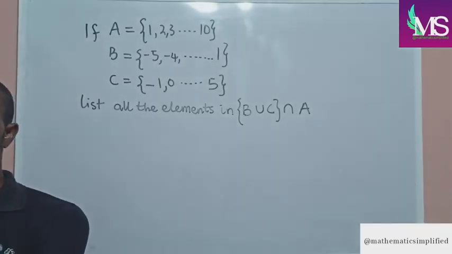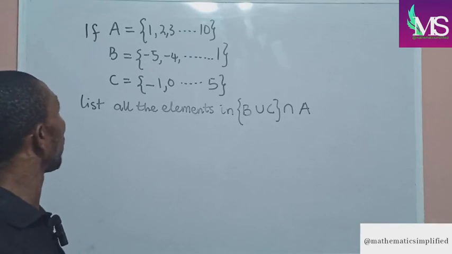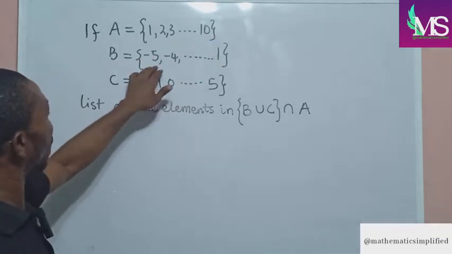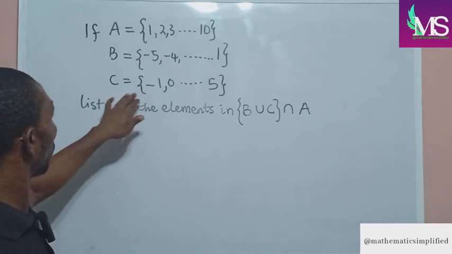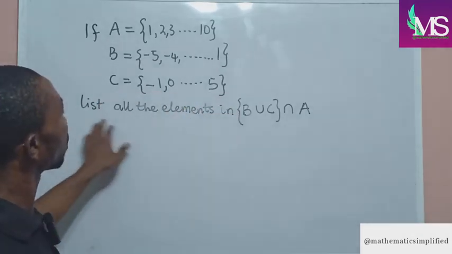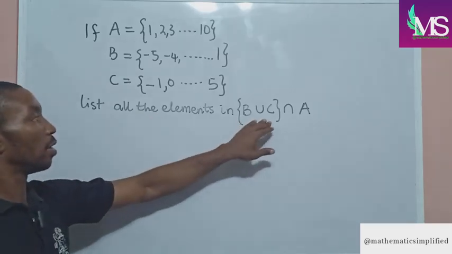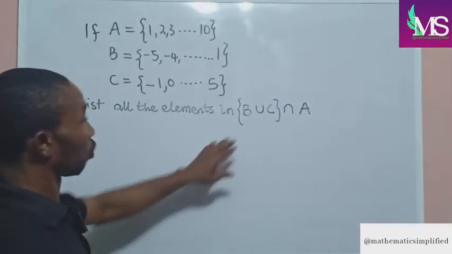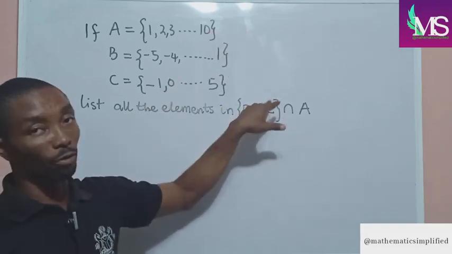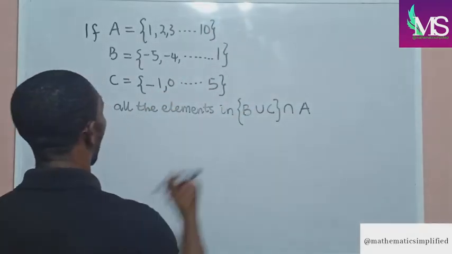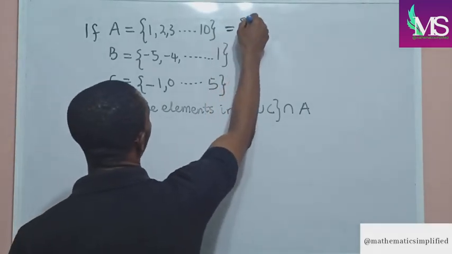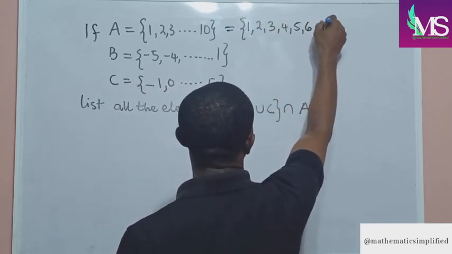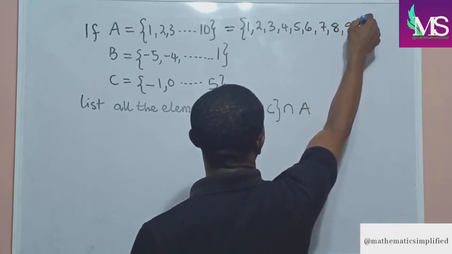Our next question says, if A equals 1, 2 to 10, B equals minus 5, minus 4 to 1, and C equals minus 1 to 5, list all the elements in B union C intersection A. Now, first of all, we'll have to list all the elements of A, B, and C. So our elements in A will become 1, 2, 3, 4, 5, 6, 7, 8, 9, and 10.